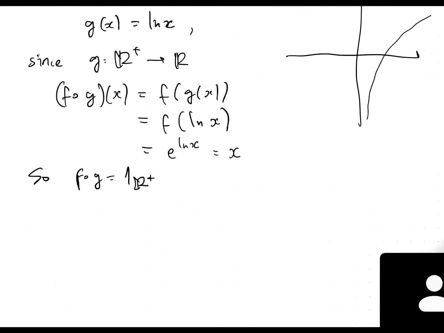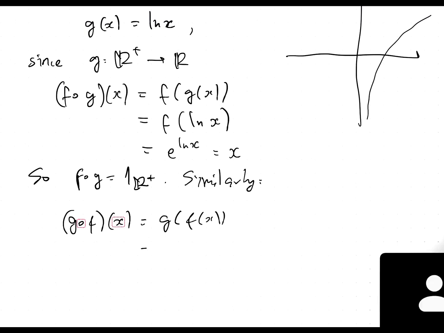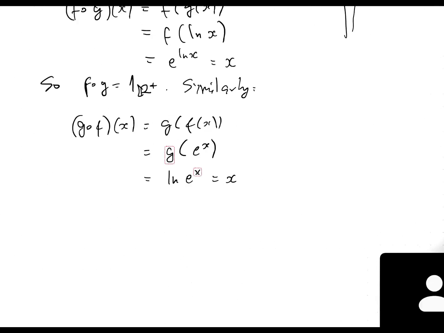And also, we've got the other way around, because G composed with F applied to x, same as G of F of x, that's the same as G of e to the x, that's the same as ln of e to the x, which is the same as x. And so G composed with F equals identity of R.